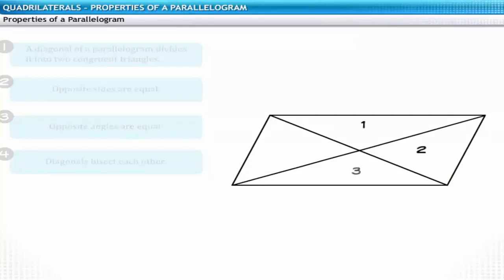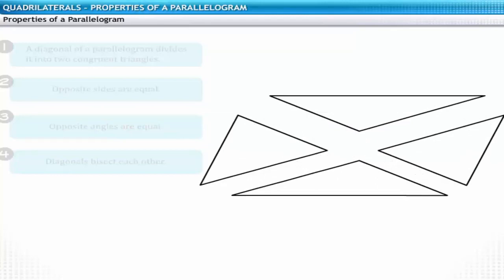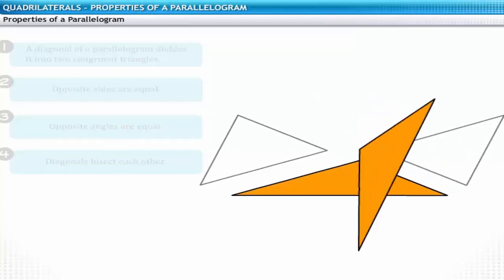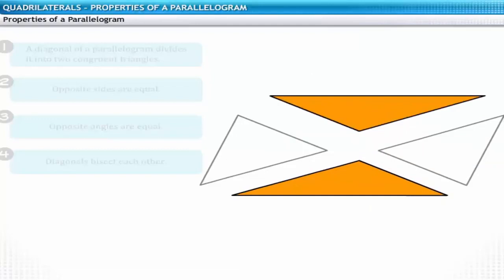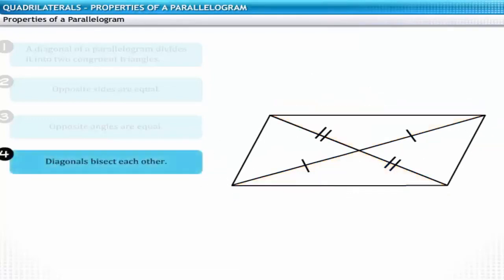It divides the parallelogram into four triangles. Consider these two. On placing one over the other, you will notice that they also coincide. This implies that the corresponding sides are equal. Thus, we can say that the diagonals bisect each other.